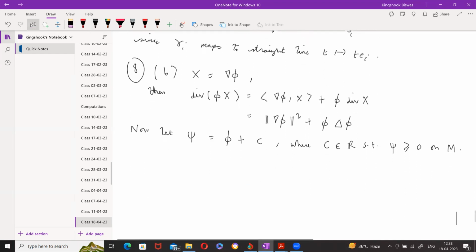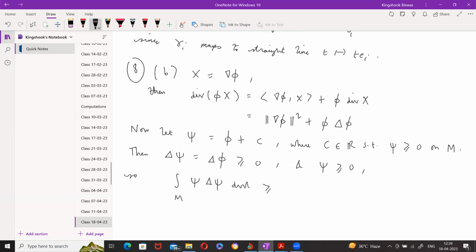Then the Laplacian of psi is equal to the Laplacian of phi, which is given to be greater than or equal to 0, and psi is greater than or equal to 0. So the integral of psi Laplacian psi dvol over M is greater than or equal to 0.